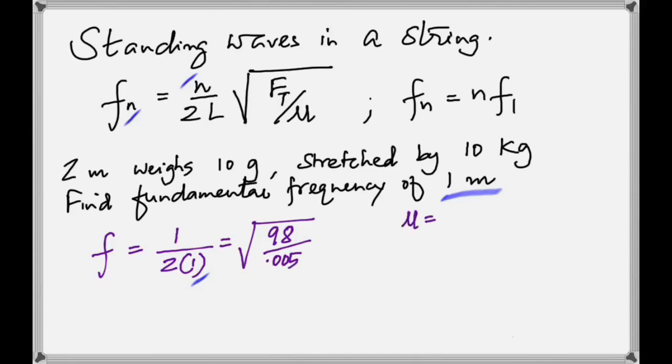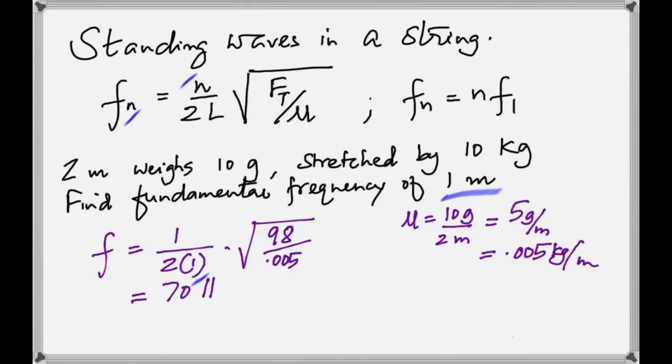And μ is 0.005, because 10 grams for 2 meters is 5 grams for 1 meter, which in kilograms is 0.005 kilogram per meter. So when you do the calculation, you get 70 hertz as the fundamental frequency, which means that the other frequencies are going to be 140, 210, and so on.